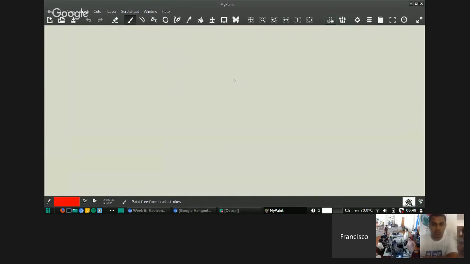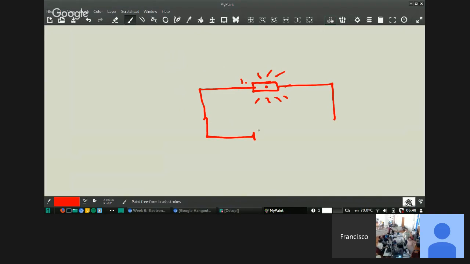What we have to do this week is put an LED here. So this is the very basic circuit design we have today. We have a battery here, and because this is 5 volts, it will suck all this LED here.